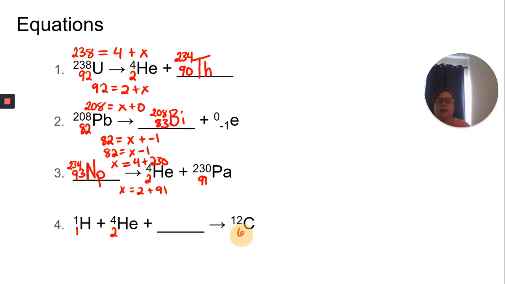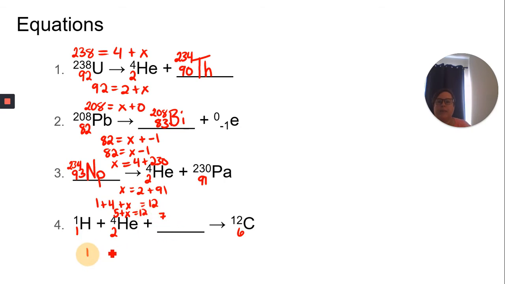Then we can solve the top. So we have 1 plus 4 plus x equals 12. So 1 plus 4 is 5. So 5 plus x equals 12. So if we subtract 5 from both sides, we have 7.